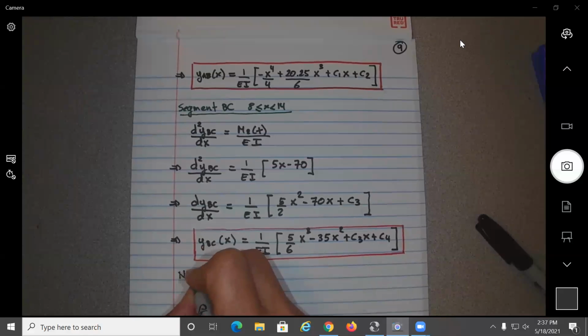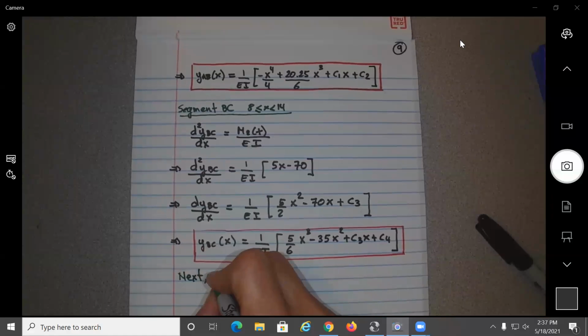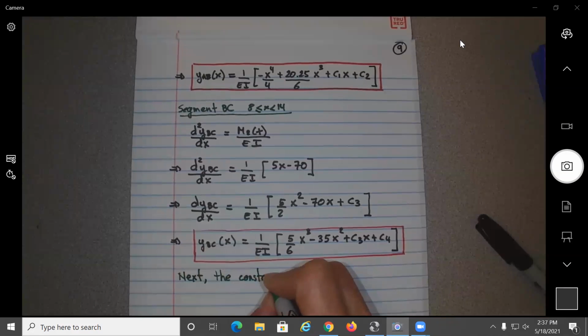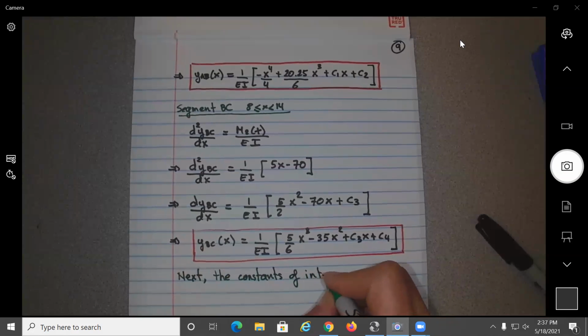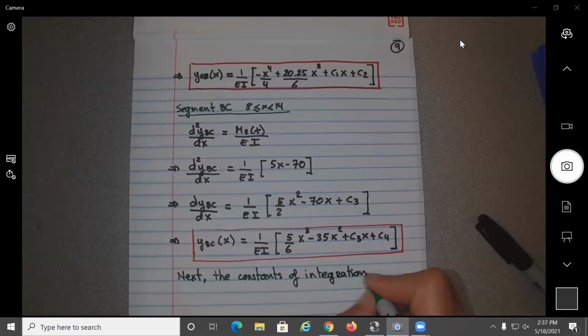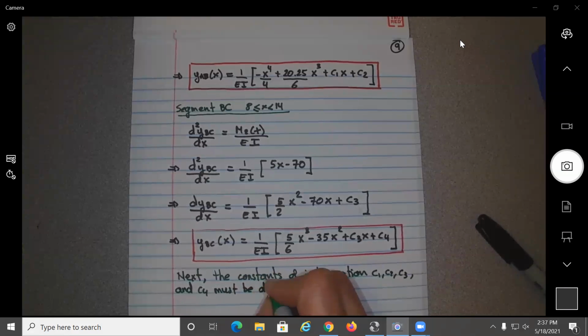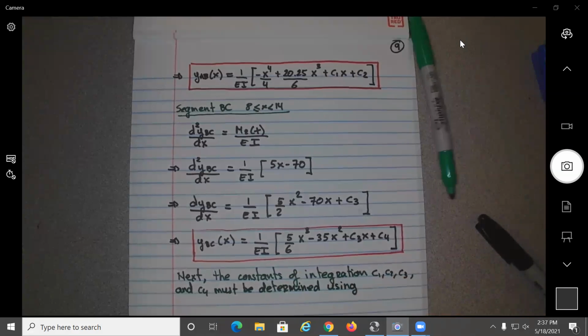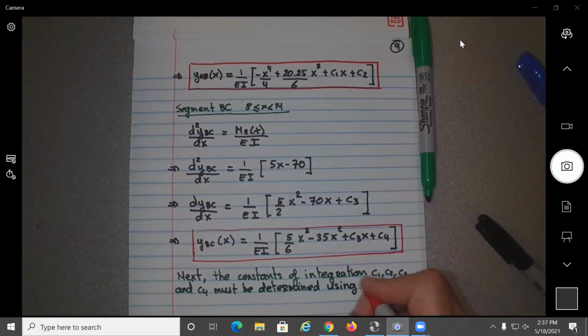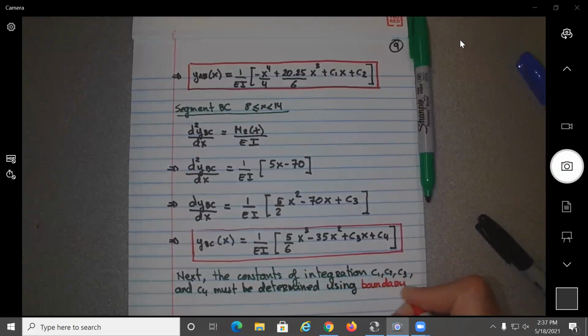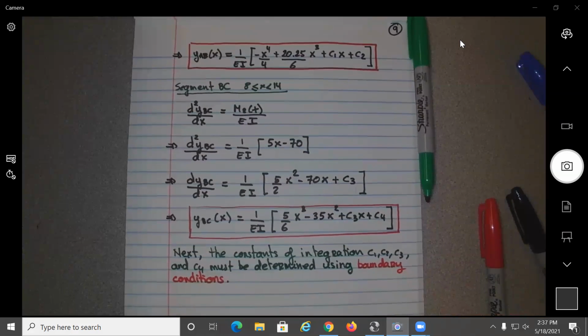So next, the constants of integration C1, C2, C3, and C4 must be determined using boundary conditions for the deflection curve.